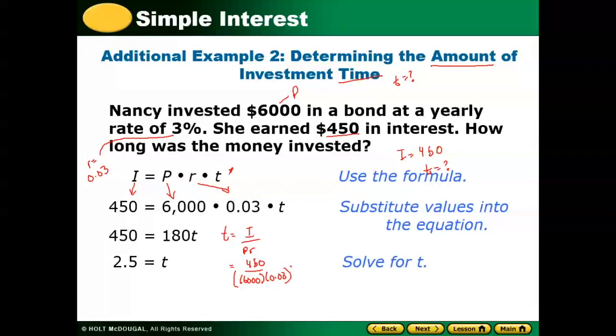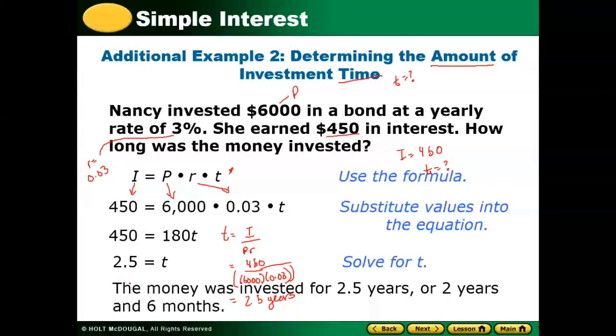If you're going to plug this into a calculator, make sure that you use brackets on the bottom to tell the calculator to do this first, or you could do it in parts. But when you plug this all in, you will still get the answer of 2.5 years. So remember, time is always in years. So the money was invested for 2.5 years or 2 years and 6 months. But 2.5 years is fine to say.